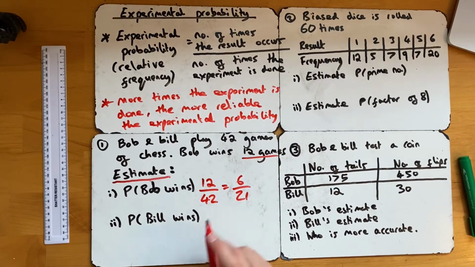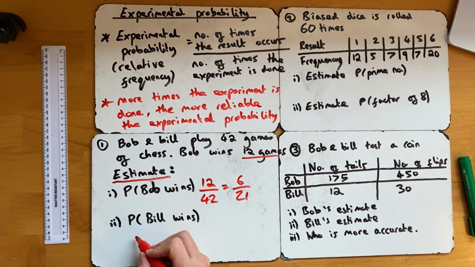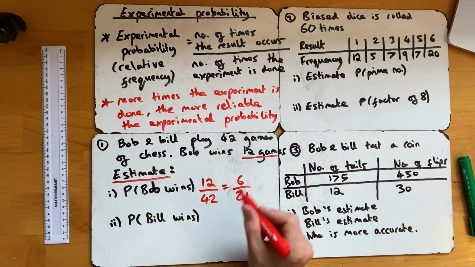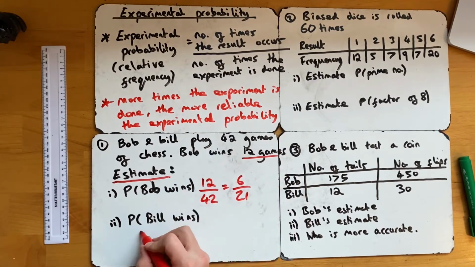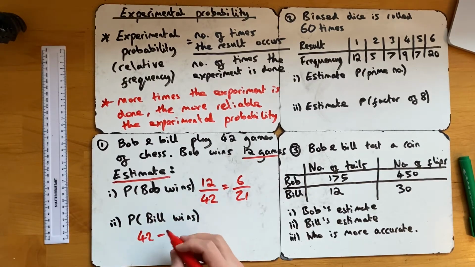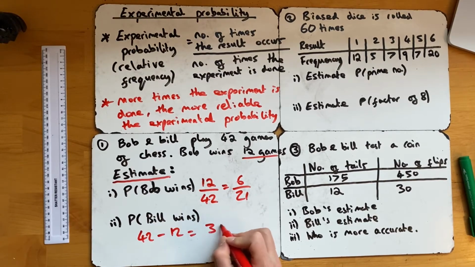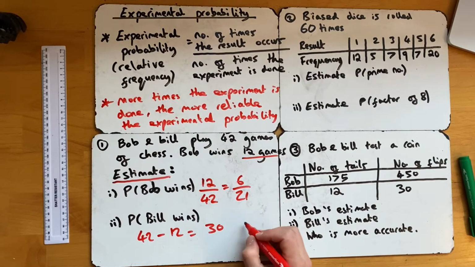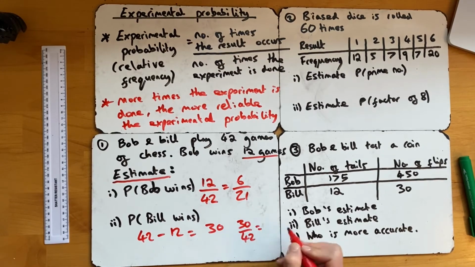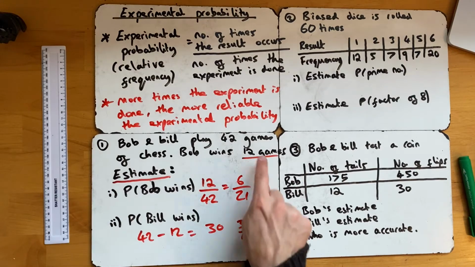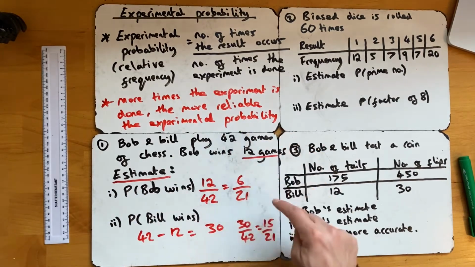Probability that Bill wins, well, it doesn't tell you how many, so it's 42 in total, minus the 12 games Bob won, so we know Bill wins 30. So the answer is 30 out of 42, divided by 2, that's 15 over 21. So even though it says estimate, don't guess, you still just use the numbers that they give you to work out the probability.